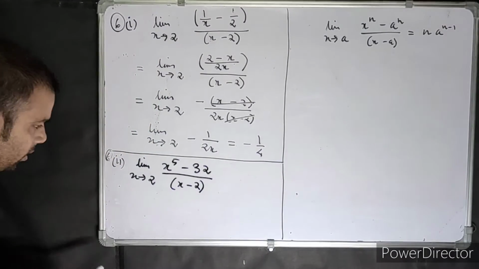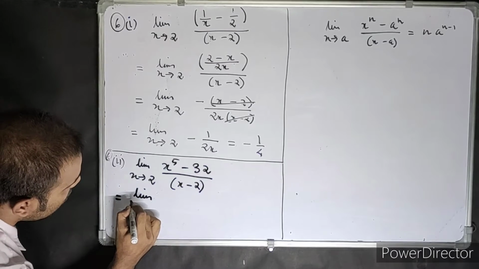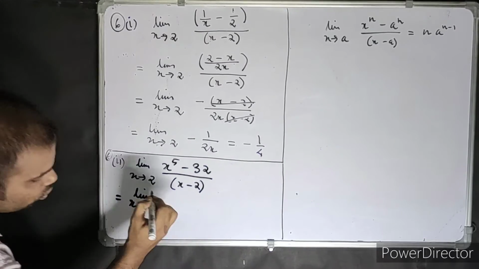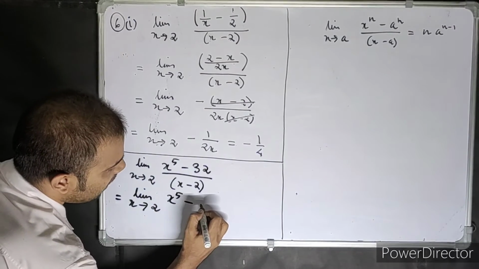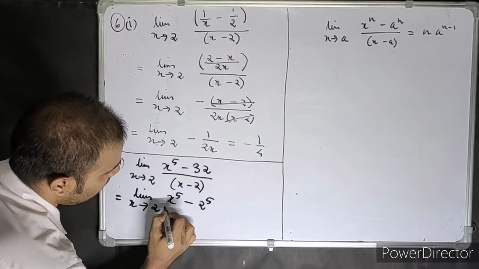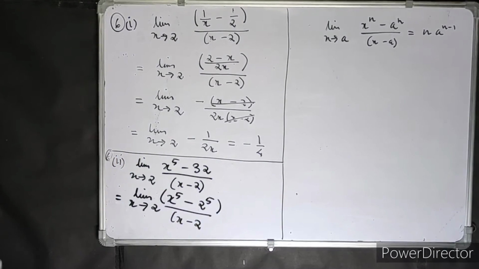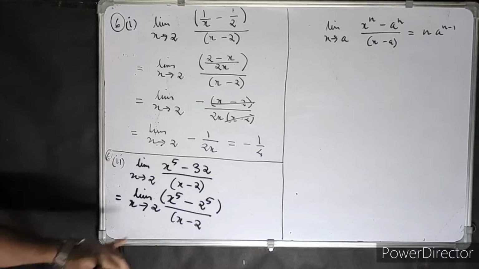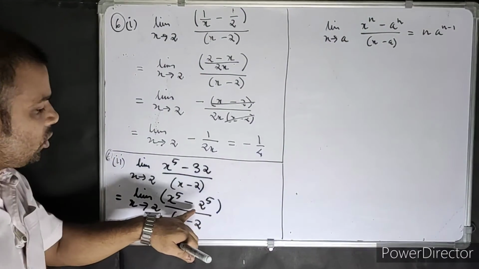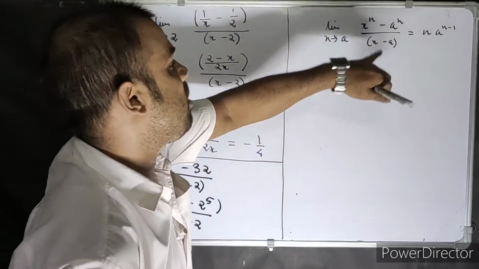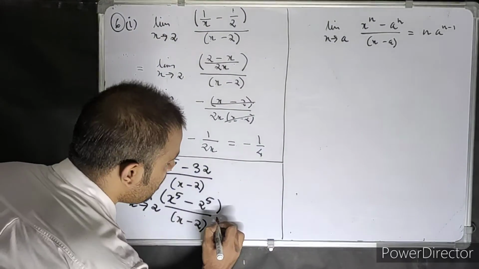This is what we are going to do. Limit of x tends to 2, x to the power 5 minus 2 to the power 5 divided by x minus 2. Look, x also has the same power, the a value, the 2 also has the same power, and down here we have x minus 2.